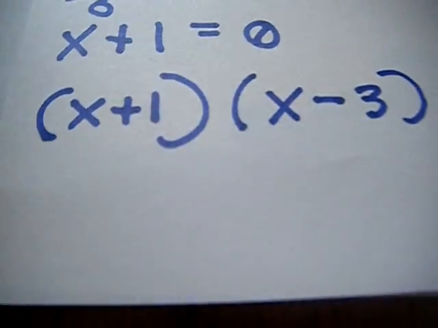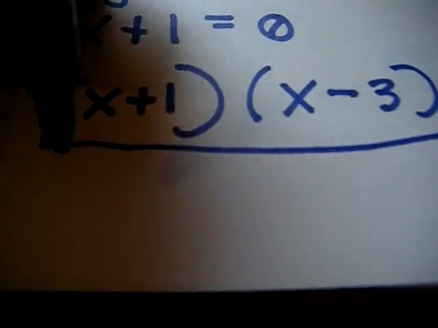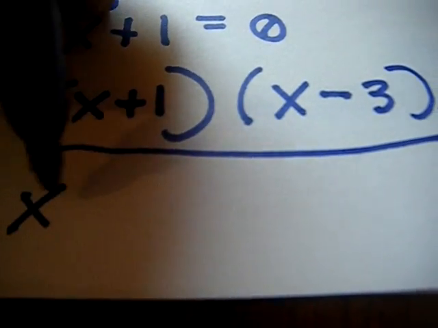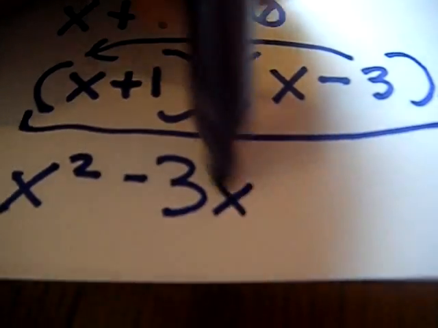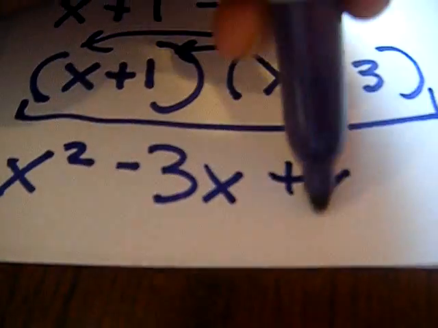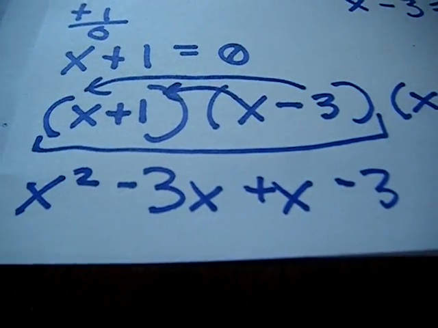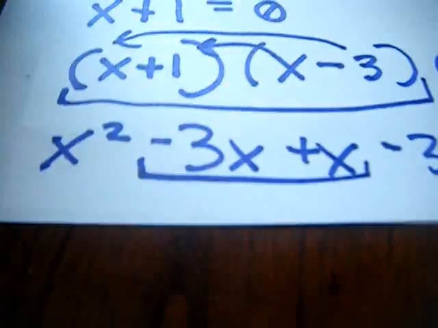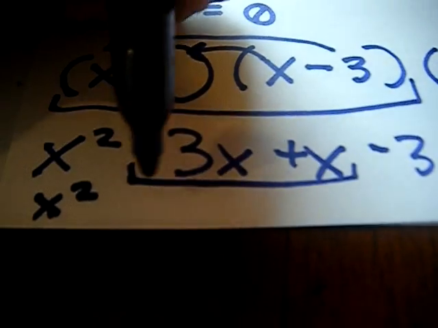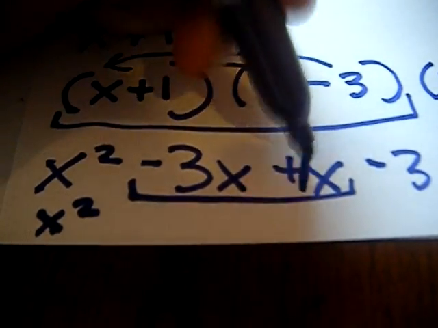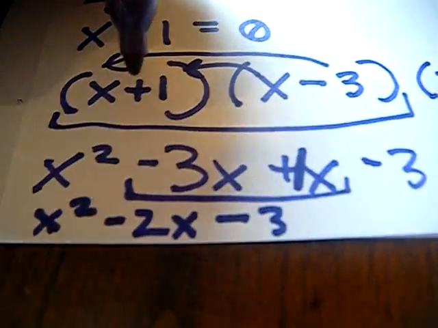So we have to do the FOIL method here, and it would end up being x squared minus 3x plus x minus 3. And then this would simplify, because these are like terms, to x squared, -3 plus 1 is -2x, minus 3.